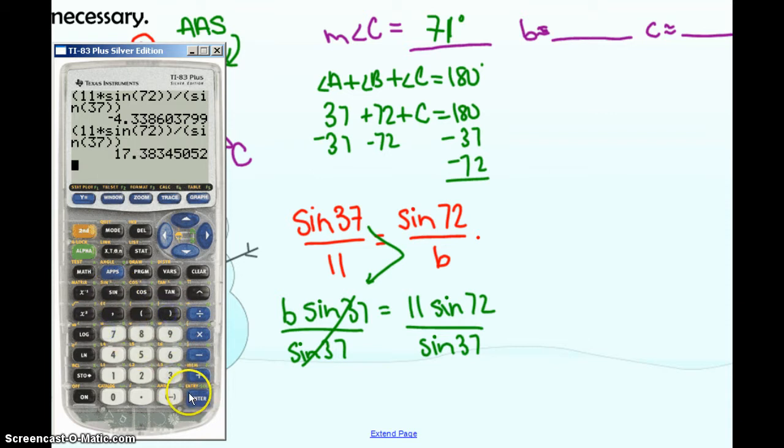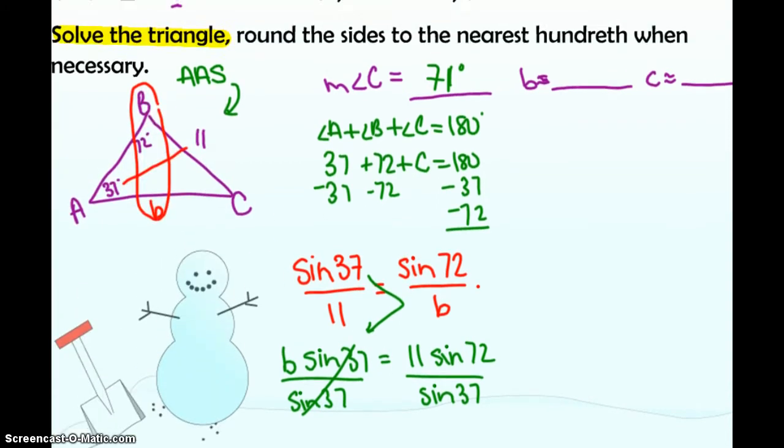So 17.383. So let's go back to our directions, and it says round our answer to the nearest hundredth when necessary. So that's what we're going to do. 17.38.